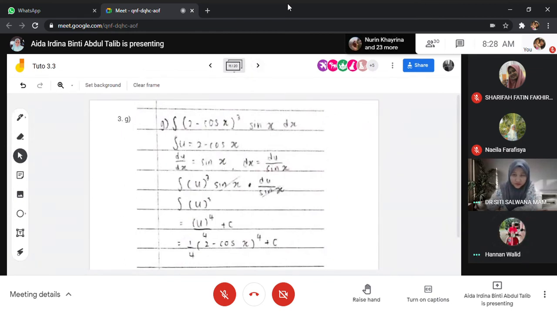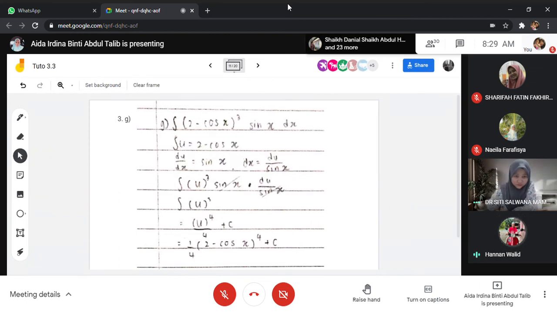Okay. So, the question is integrate 2 tolak cos x kuasa 3 sin x dx. First, let u sama dengan 2 tolak cos x. Ni saya ada tersilap sebab terletak simbol integrate dekat let u. So, differentiate du over dx equal to sin x and dx equal to du over sin x.